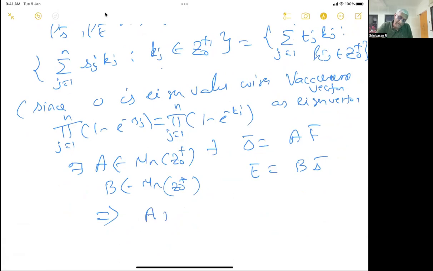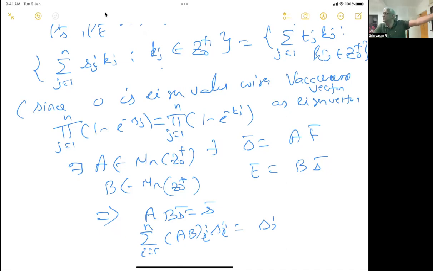So in particular, this will imply A B S bar, that is A T bar, equals S bar. But since S1 up to Sn are linearly independent, this means what? The summation over j of AB ij Sj is equal to Sj, right? Otherwise any Sj can be written as a linear combination of other things, which is not possible.